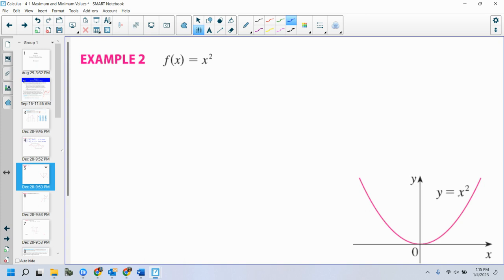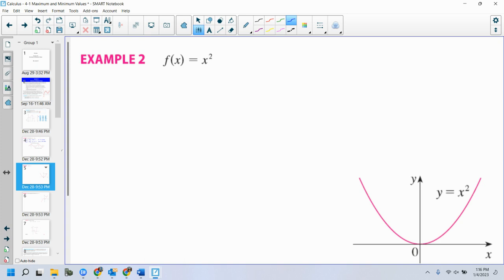All right. What can I tell about the parent x squared? It's a parabola. What can I tell about its absolute or local maximums or minimums? What do we see down there at the bottom?